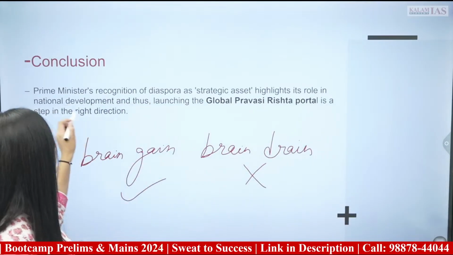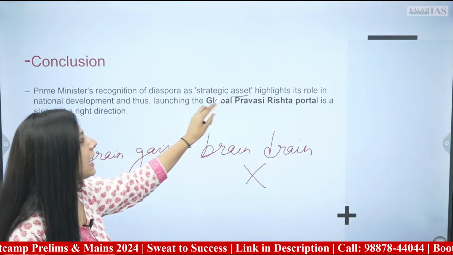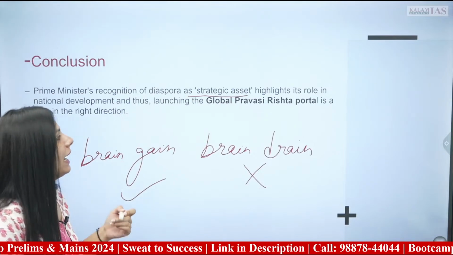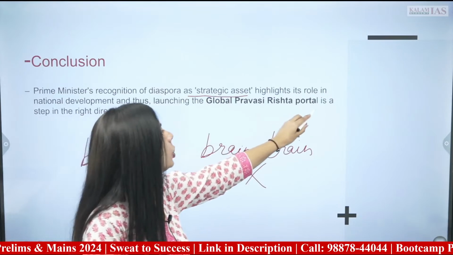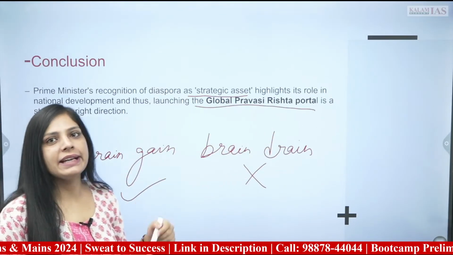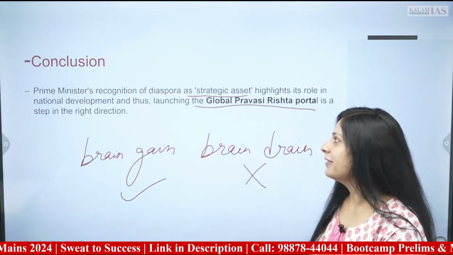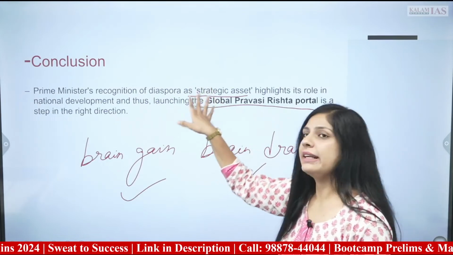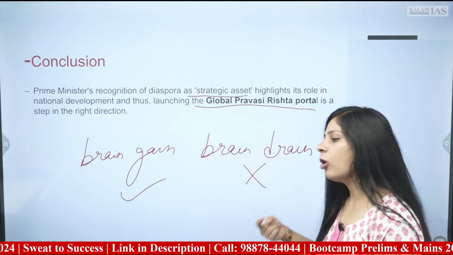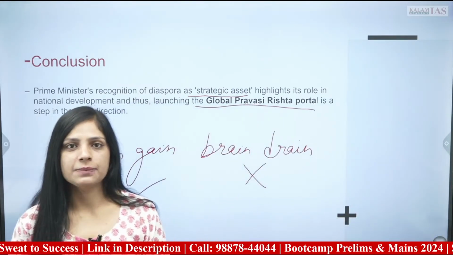Apart from it, the Prime Minister's recognition of the diaspora as a strategic asset highlights its role in national development, and thus launching the Global Pravasi Rishta portal is a step in the right direction. So in this statement, we have given that we currently hold the diaspora in highest importance, and we are also taking steps towards increasing its importance.